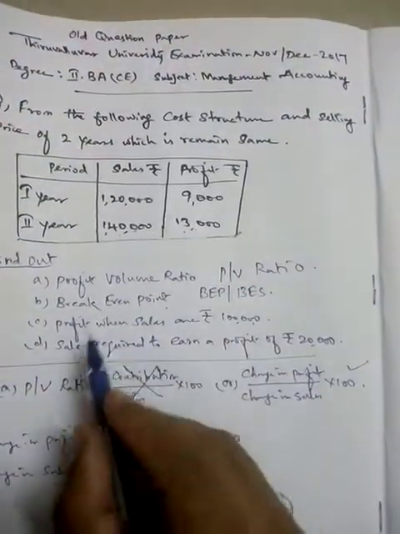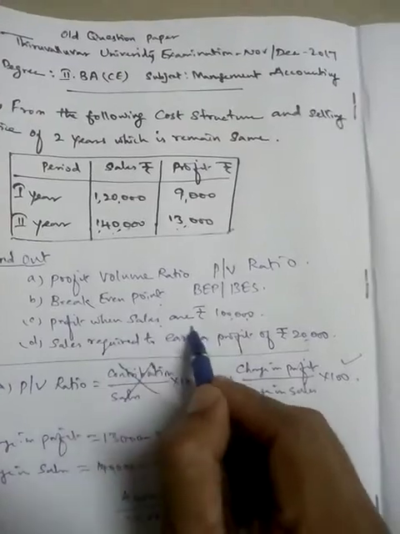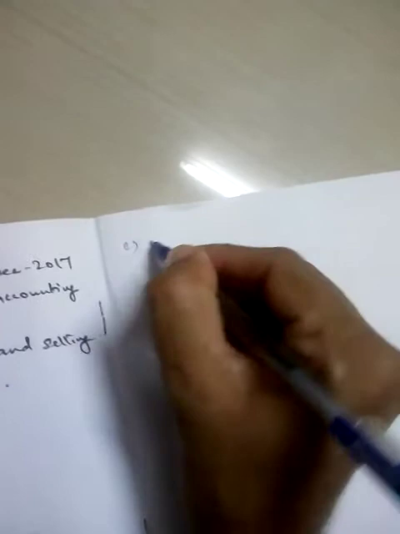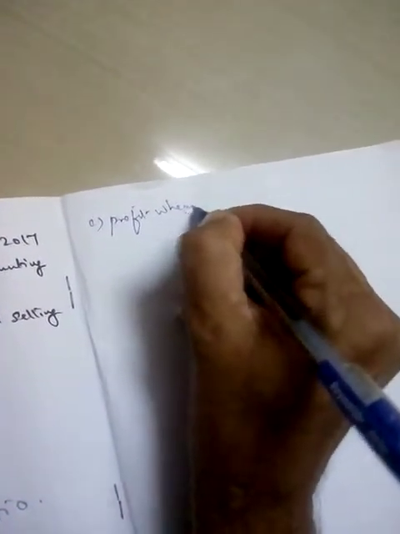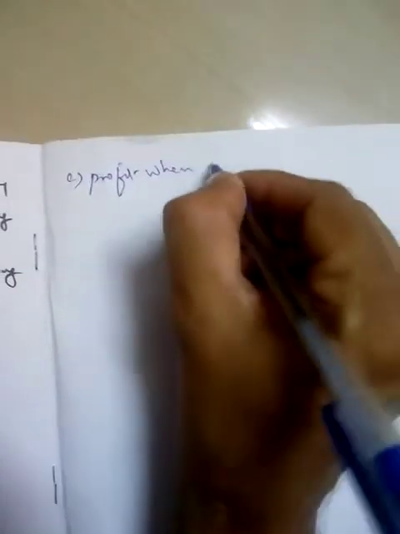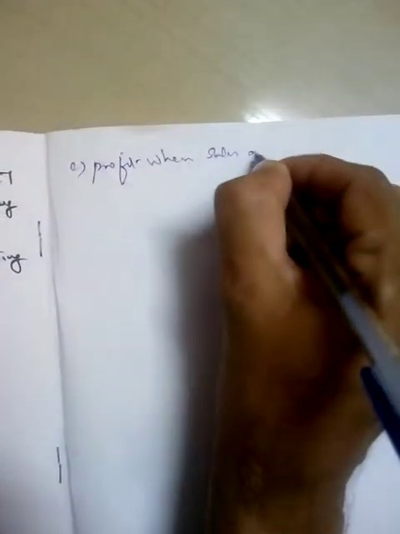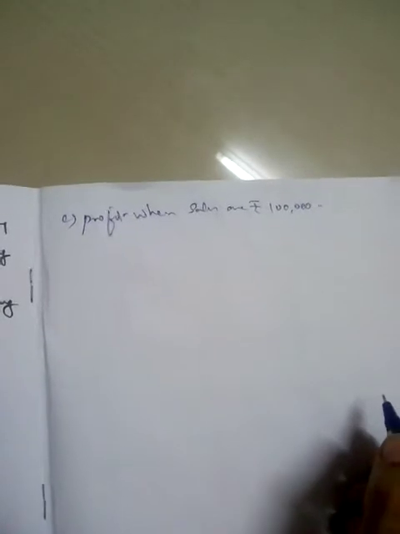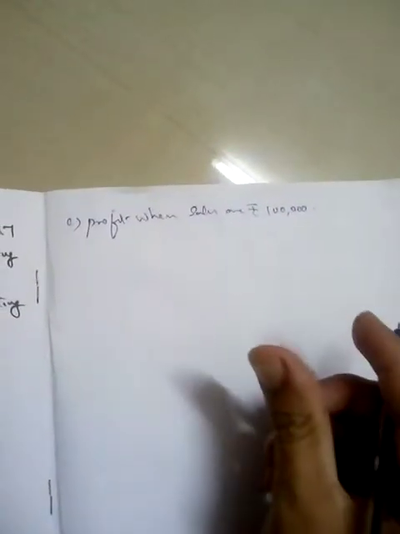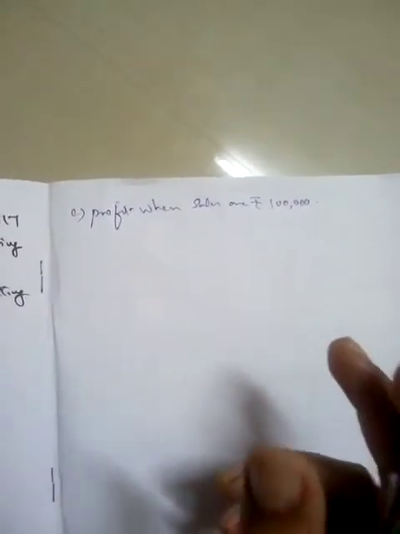Now we move on to the third one, that is profit when sales are rupees 1 lakh. I am writing the same here: profit when sales are rupees 1 lakh. They are asking, if the sales is 1 lakh, what is the profit amount?